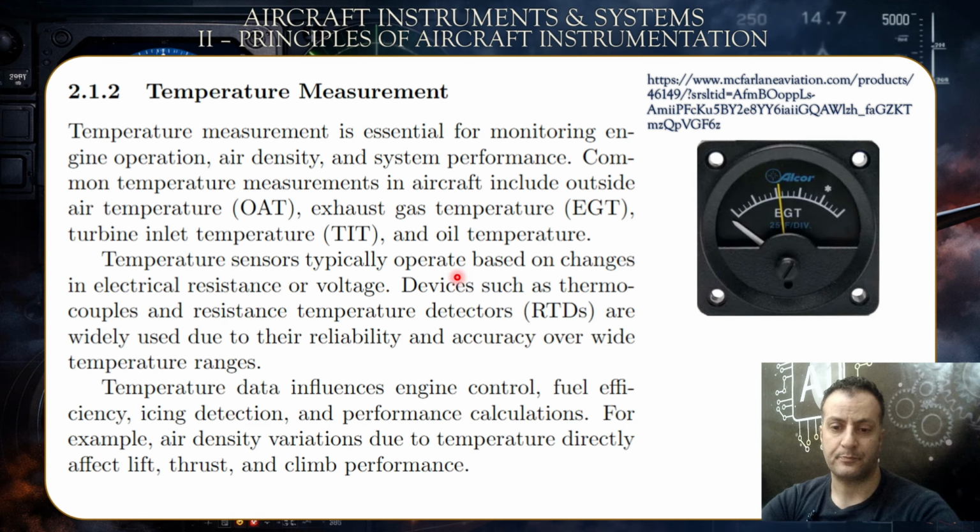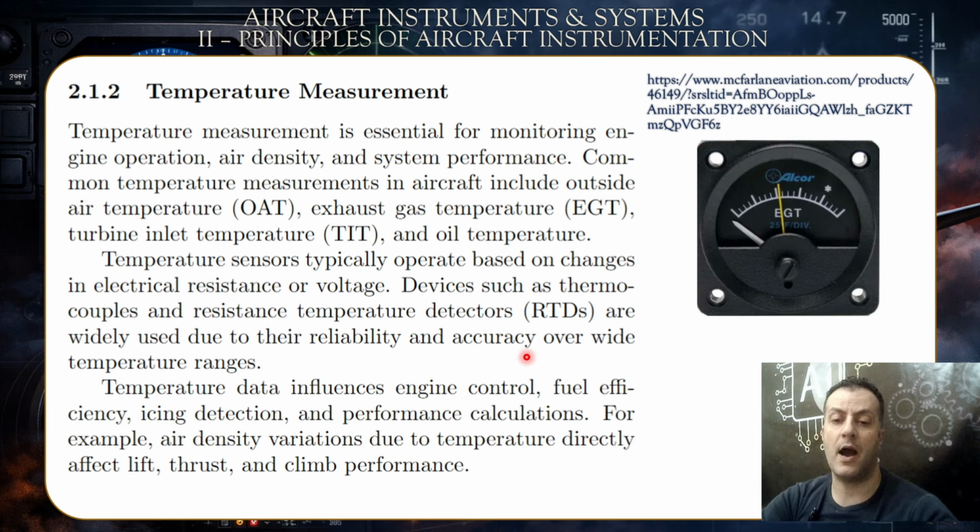So devices such as thermocouples and resistance temperature detectors, RTDs, this is what we were talking about, thermistors or resistance temperature detectors, are widely used due to their reliability. You can count on them to accurately describe what's happening.